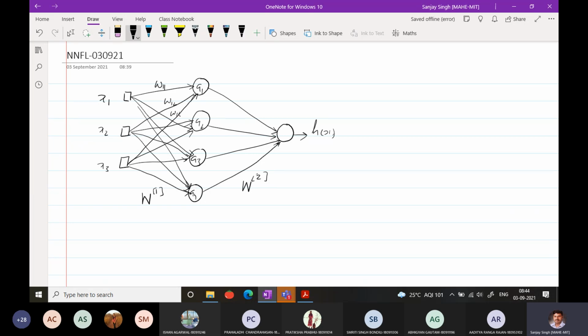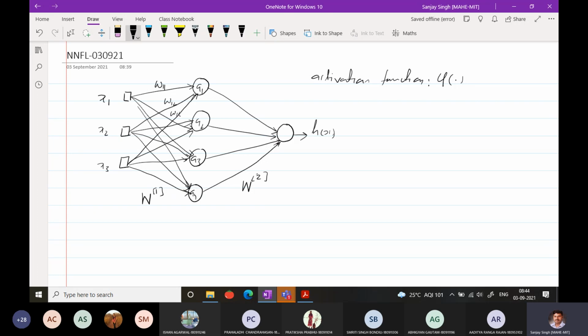Now let's say I'm using a simple activation function, which I denote by phi, whatever it may be. Whatever goes in, phi is the activation function.